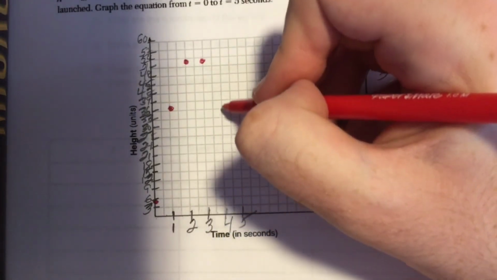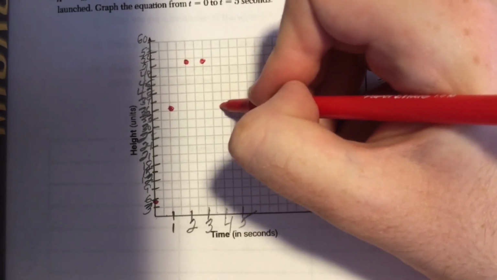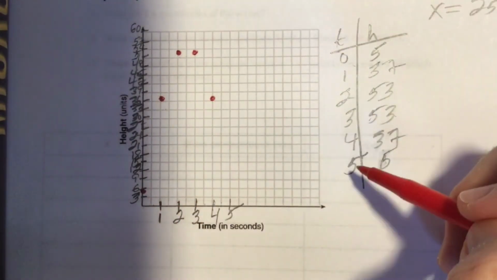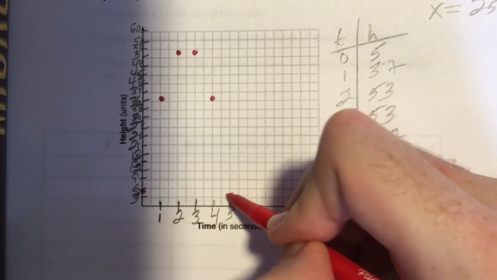Follow 4 seconds up to 37, which is going to be a little above 36. And you should see the symmetry happening. And the output values eventually line up with each other. 5 seconds later, you're back to 5 feet. Again, you should see that symmetry happening here.